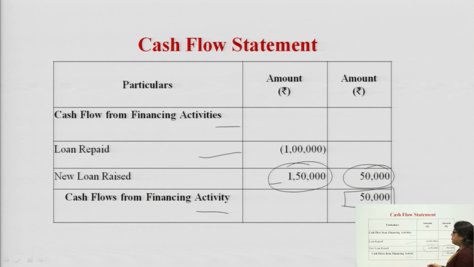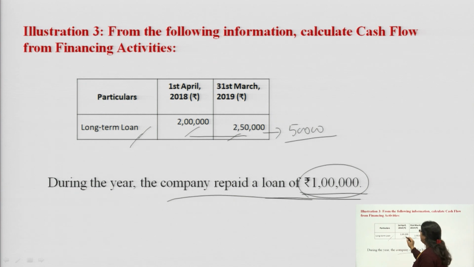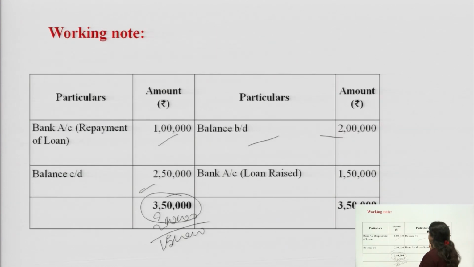Let me repeat this question again. See, in this, two pieces of information have been given: during the year the loan was repaid for 1 lakh rupees, and long term loan was 2 lakh and 2.5 lakh. Because two balances are given here and one additional repayment, we have prepared this account.